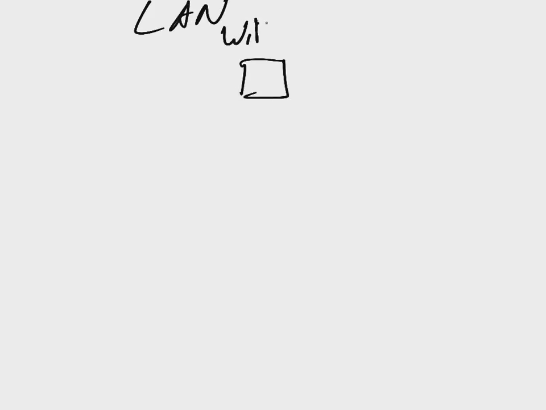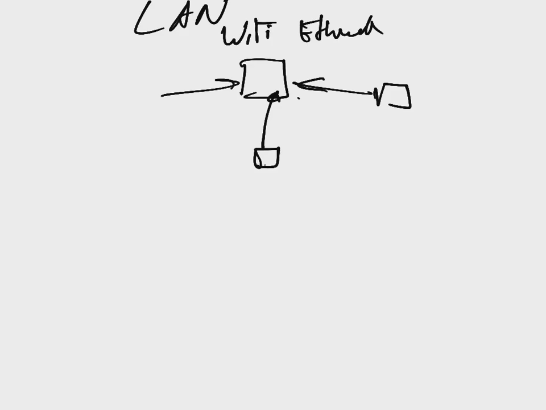You have either Wi-Fi or wired Ethernet and you connect devices to them and you can send Ethernet frames from one device to another device either using radio waves as for Wi-Fi or electricity through these copper cables. And the good thing about this is that this device has its own MAC address, this device has its own MAC address, and this device too. So you can send Ethernet frames from place to place, so no need to configure anything.